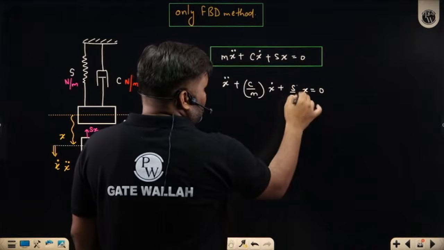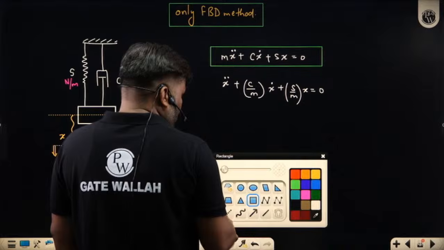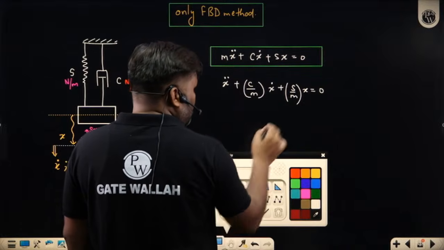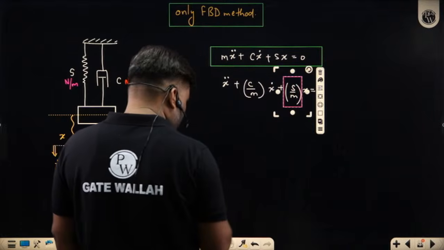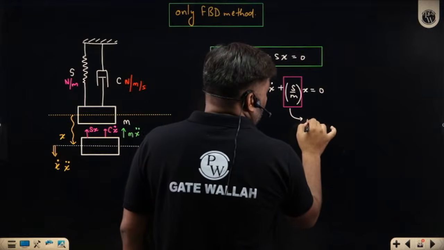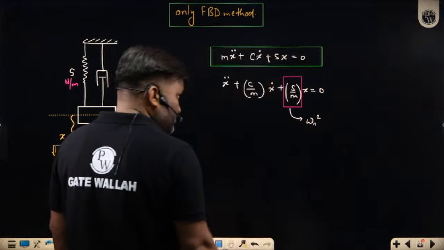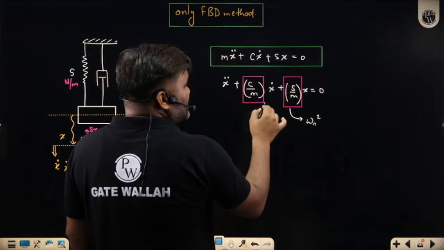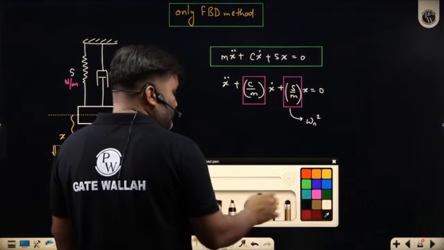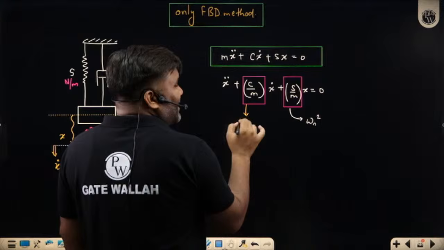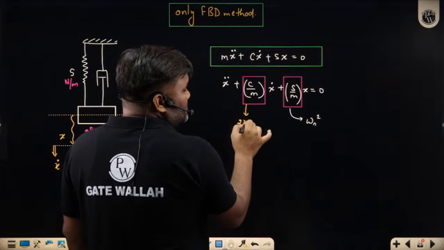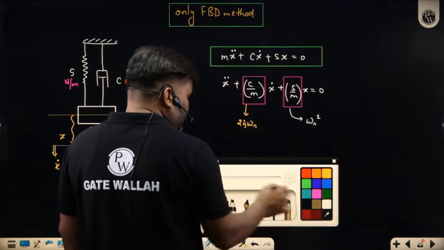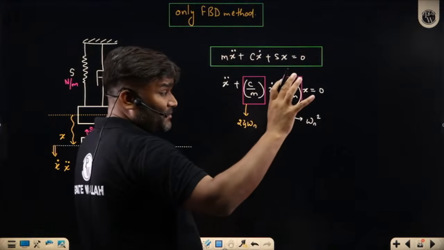Sir, whatever is written here, s by m, we can write this as omega n square, and whatever is written here, c by m, a term is there, 2 zeta omega n. You can write it here. Some derivation part I am skipping.